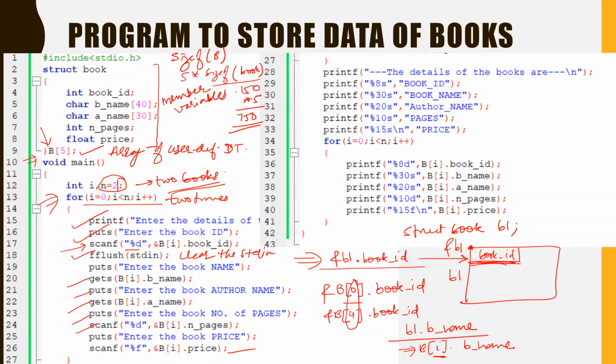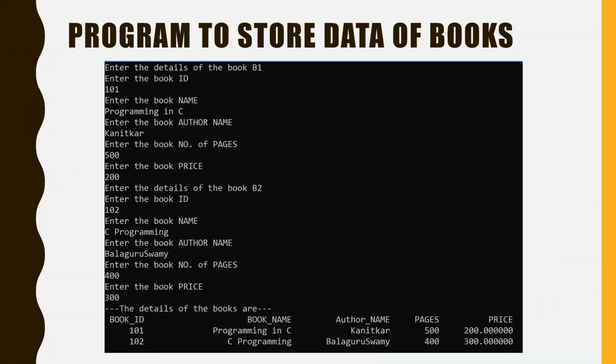Okay, now we will see how to get the values printed. So we want to print the values we have entered. You can see this with the help of an example. This is the details of book 1, and this is the details of book 2. Then we print the details of the books in the form of a table.